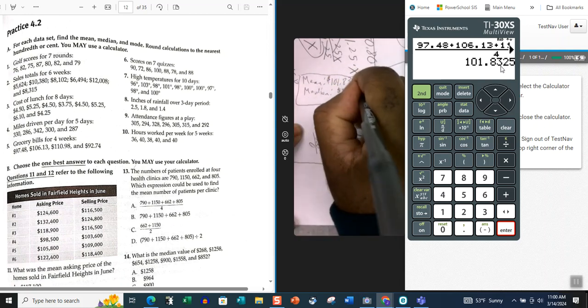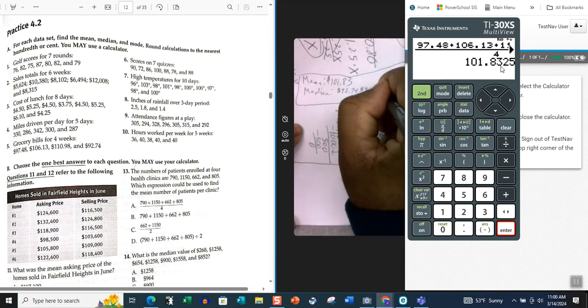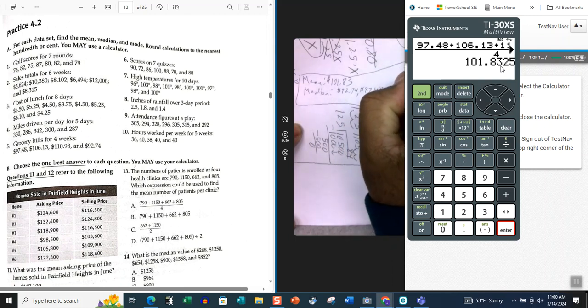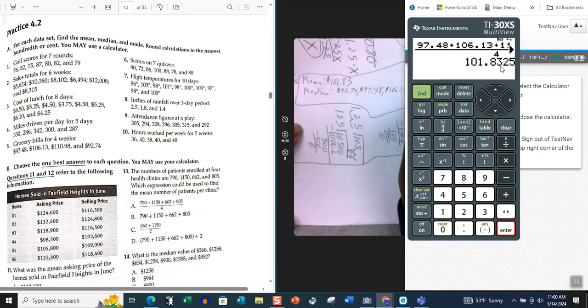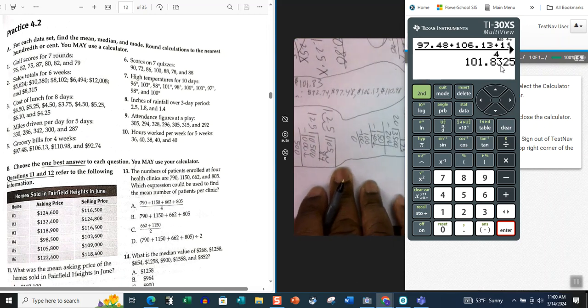The next is $97.48. The next is $106.13. And finally is $110.98. Okay, these are the four values.